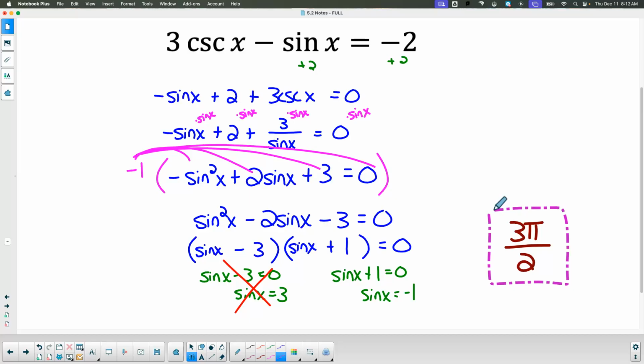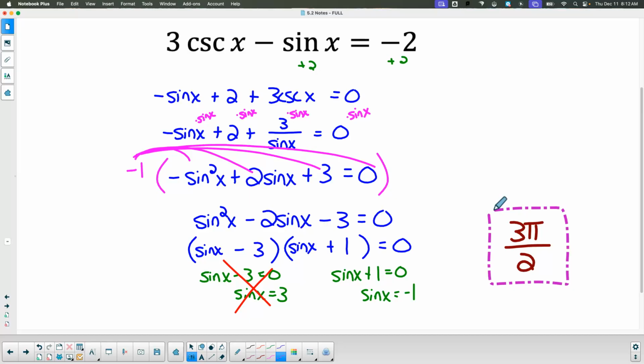Now, I will tell you this for tomorrow and for next week, Thursday. Reading directions is kind of crucial, because of what you had earlier in this one. Because this was a solve, that means we had to get an answer.